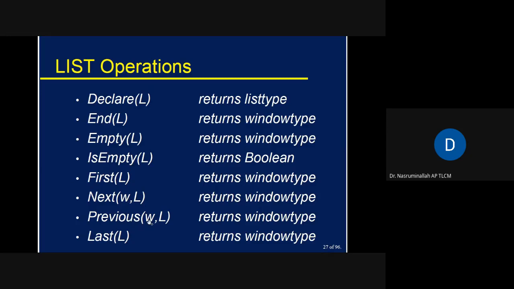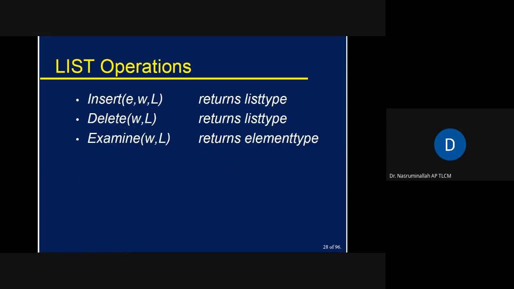Previous W L will return a window location which is actually previous to the existing W location. You can say it might be W minus 1 location. Last L will move us to the last element in the list, so it will return a window location of the last element in the list.